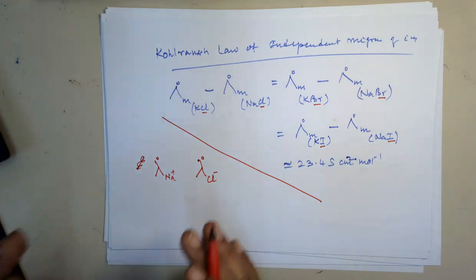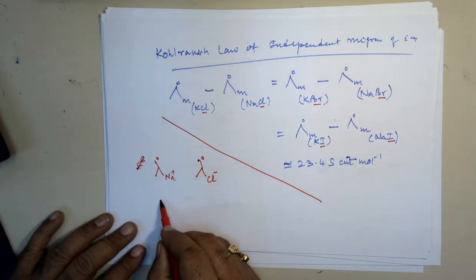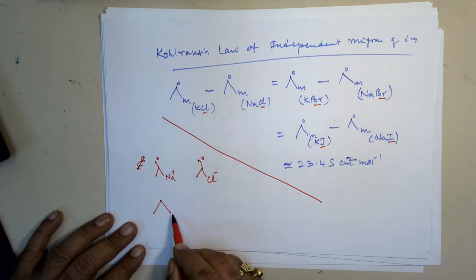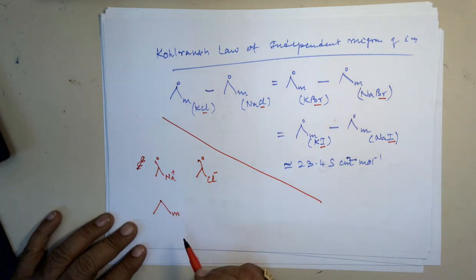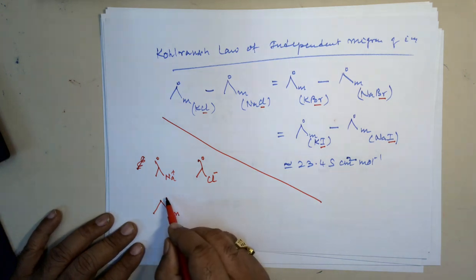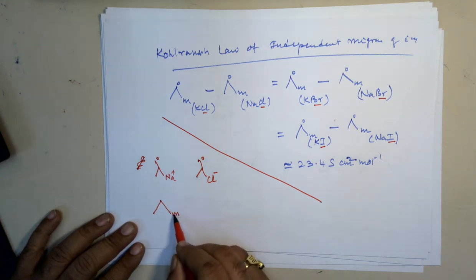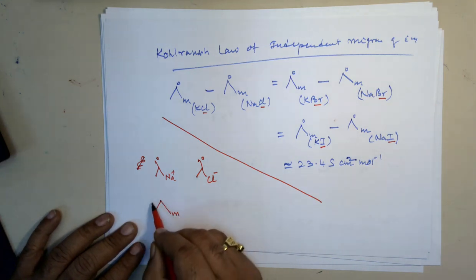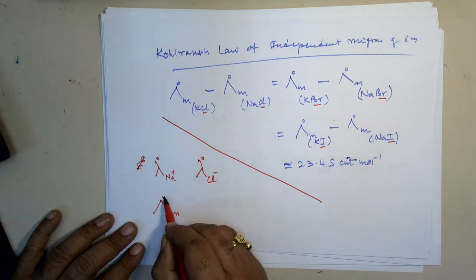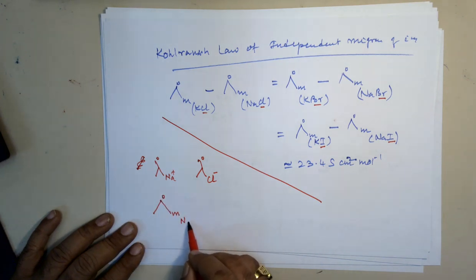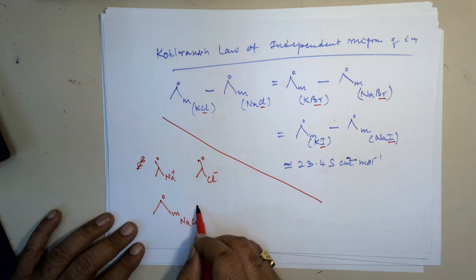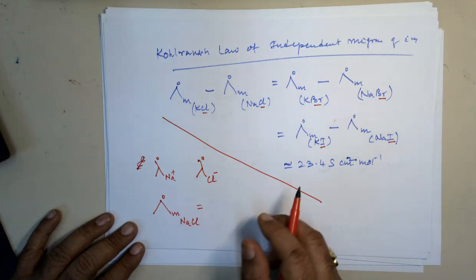Now, sodium chloride, its equivalent conductance or molar conductance. You can represent this as equivalent or molar. So I am considering here molar conductance, that is molar conductivity. So the molar conductivity at infinite dilution of NaCl is the sum of what?